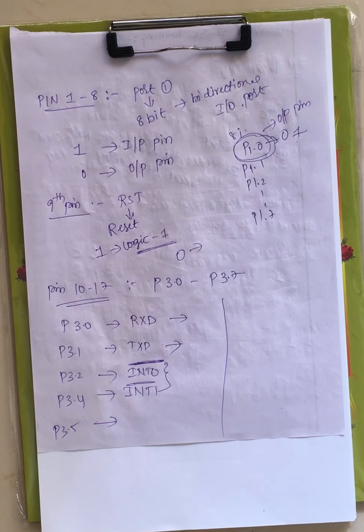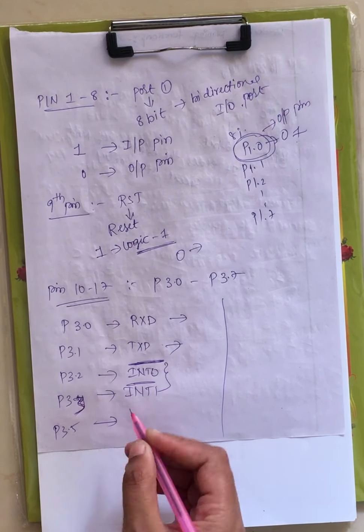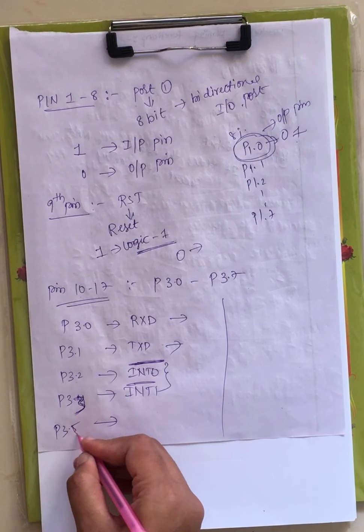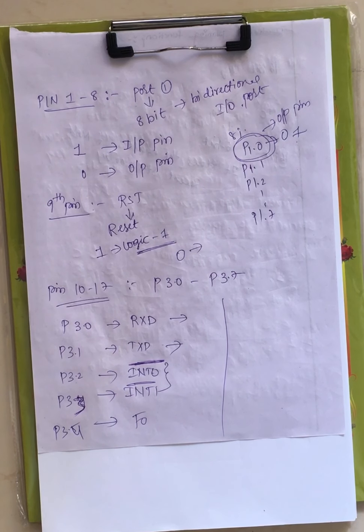And next we have port 3.4, which is allotted to timer 0. Now what is a timer? In order to provide a delay between two events, we have to use a timer, right? There are two different timers for your 8051, timer 0 and timer 1.